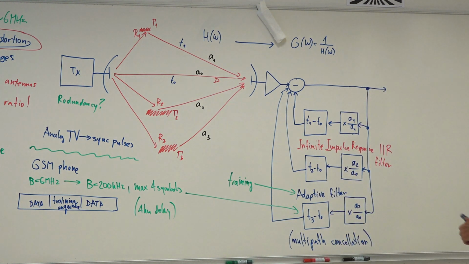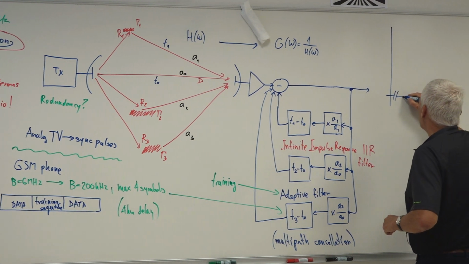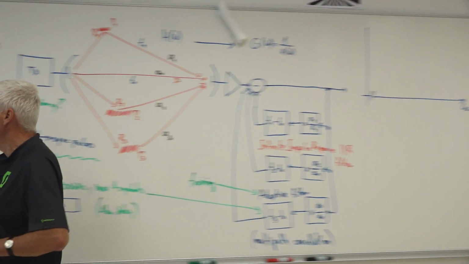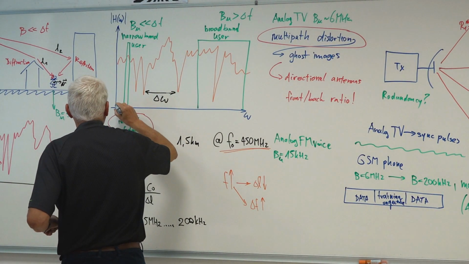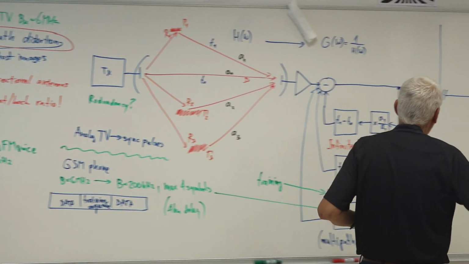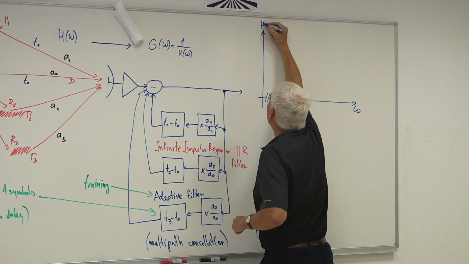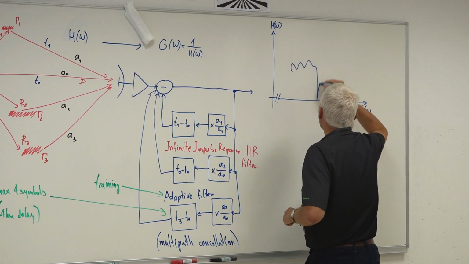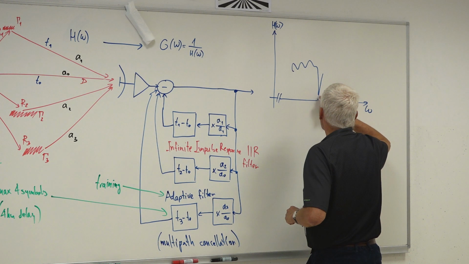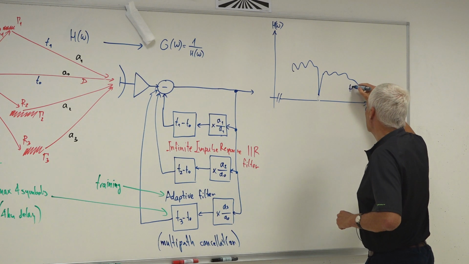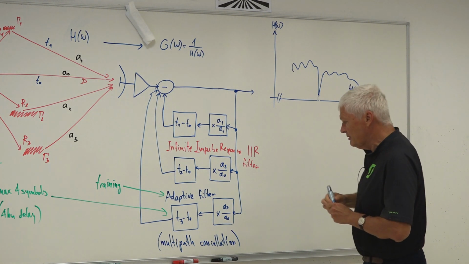And now there's a problem. Here I should just consider a frequency range, so maybe not starting from 0 but starting from a certain frequency. If I plot h of omega, everything is okay as long as h of omega is far above 0. But the response of the filter should be just the opposite.